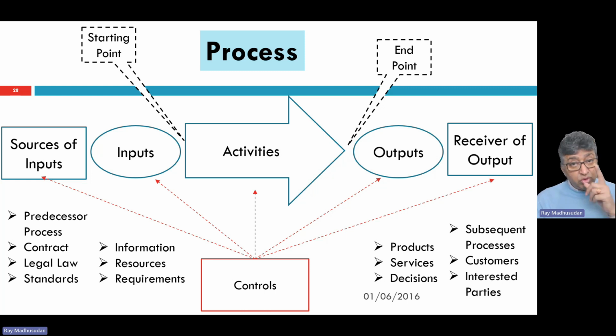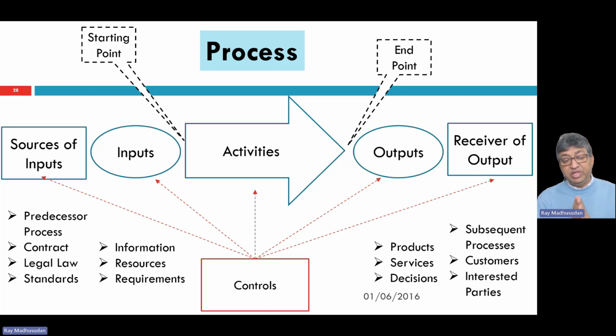And one most important thing is that there will be control. This control has to be applied even on the sources of inputs to ensure that the right sources of information are used and the right inputs are taken. All right, so there are controls, the right activities are done in a chronological sequence, and the right products come out. They are verified, there is control, and it goes to the right receiver.